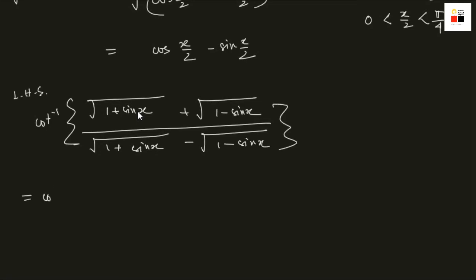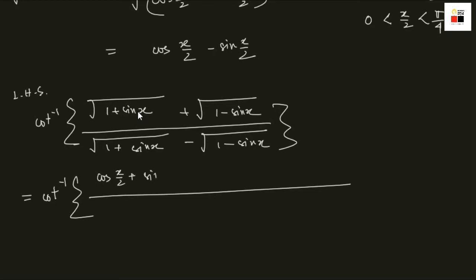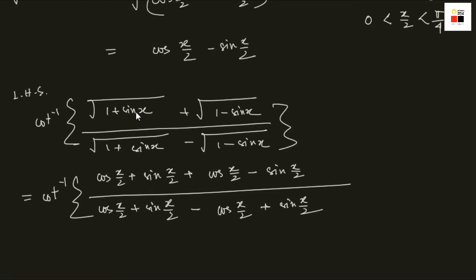This is equal to cot inverse of cos x by 2 plus sin x by 2 plus cos x by 2 minus sin x by 2, divided by cos x by 2 plus sin x by 2 minus cos x by 2 plus sin x by 2.